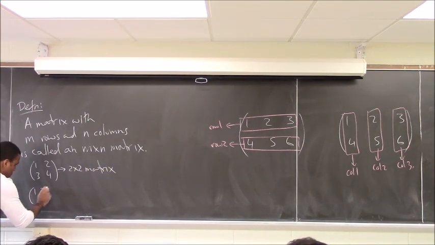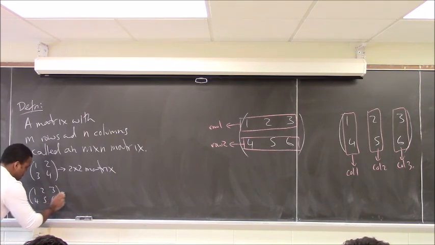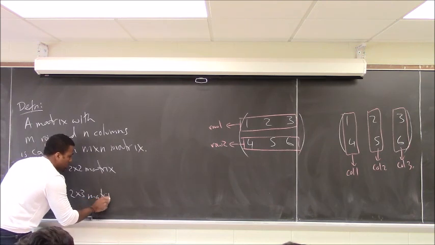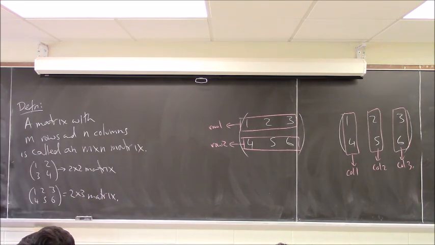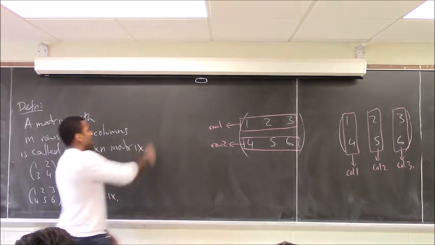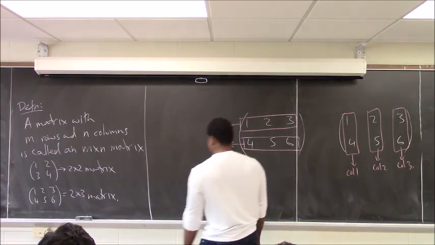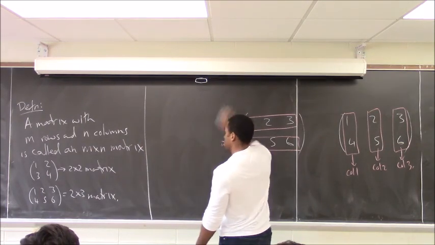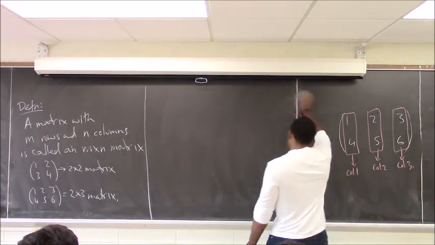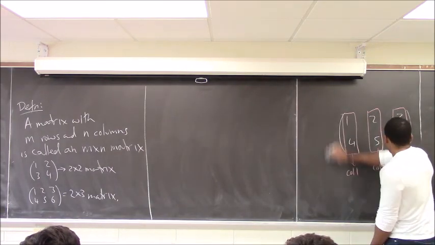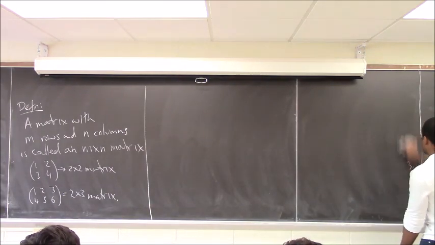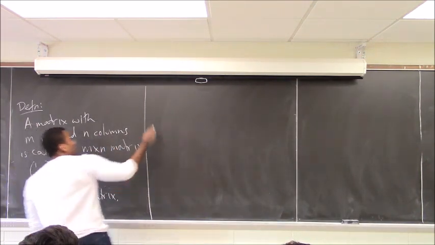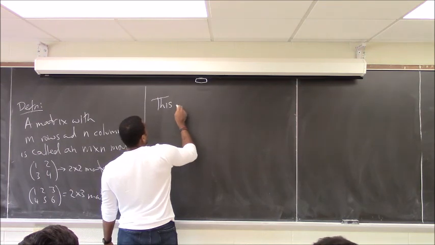If I look at 1, 2, 3, 4, 5, 6, this is a 2 by 3 matrix, and so on and so forth. And like I said, in applications, these can have thousands of rows, millions of rows. I'll mention some particular examples where matrices get that big much later on, probably. This is called the size or dimensions of the matrix.